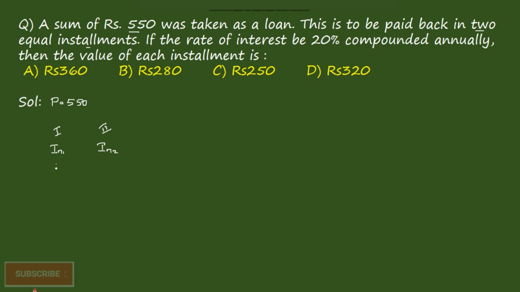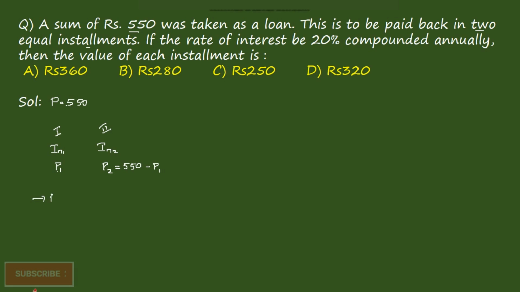Again, there will be principal P1 and principal P2. P1 is the part of 550 that is paid, and the rest is paid in the second installment. Then P2 is equal to 550 minus P1.